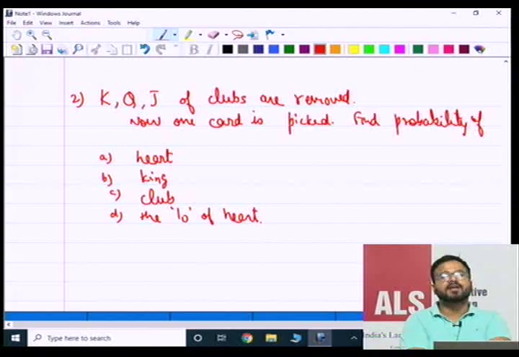Find the probability of getting a heart, a king, a club or the 10 of heart.